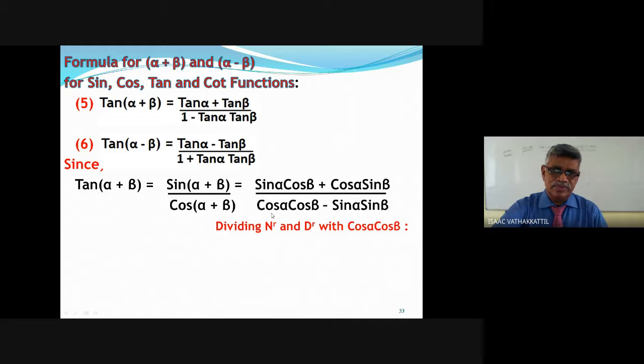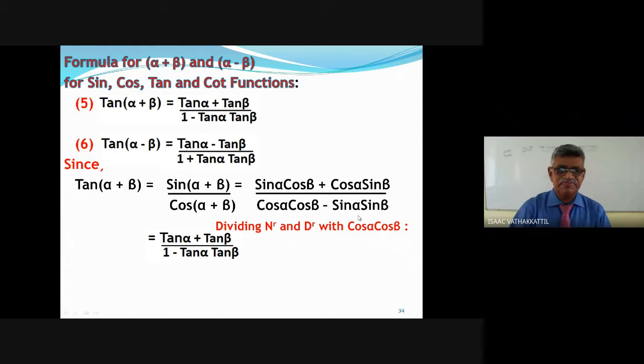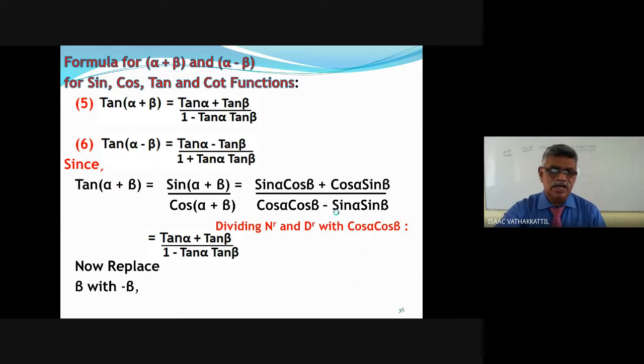And 1 divided by 1 and cos alpha cos beta gives 1, and the last is tan alpha tan beta. So you have tan alpha plus tan beta upon 1 minus tan alpha tan beta. And further replacing beta with minus beta, we get tan alpha minus beta.